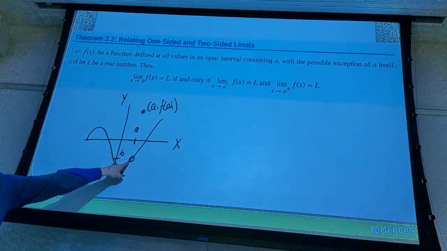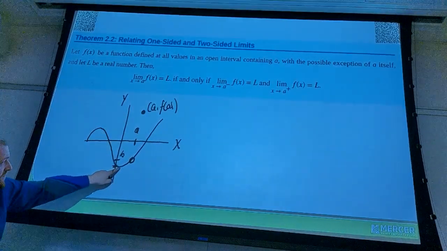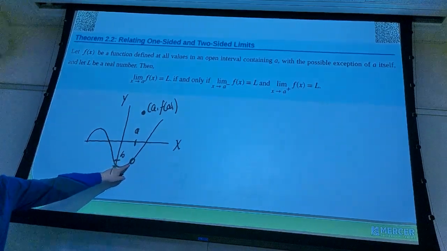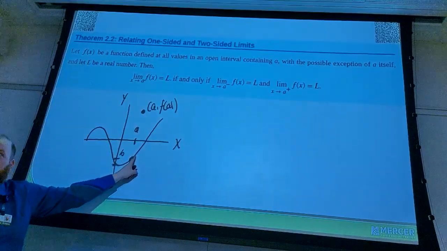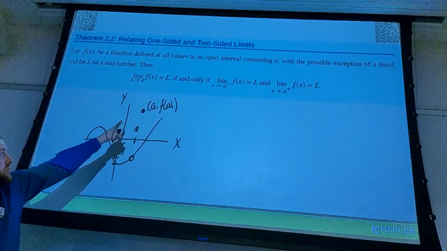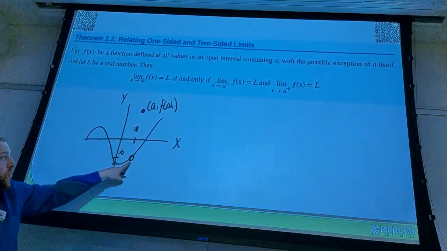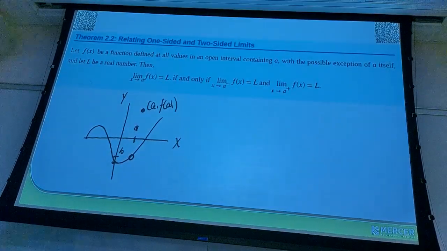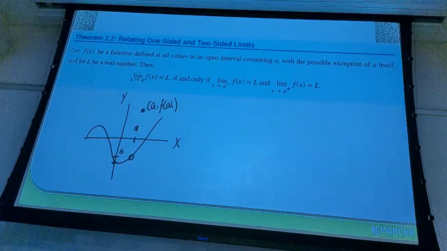In this case, the two one-side limits are both B. As we come in from the left, what are the y values approaching? They're getting close to that value B. Same thing from the right. So the limit would be B, even though that point is not defined, the value is f of A. That's why I said, what the function does at your point doesn't matter. It's irrelevant for the limit. All that matters is the neighborhood.